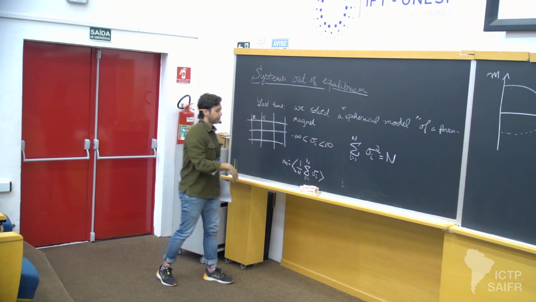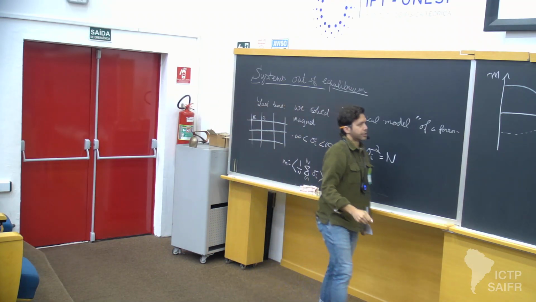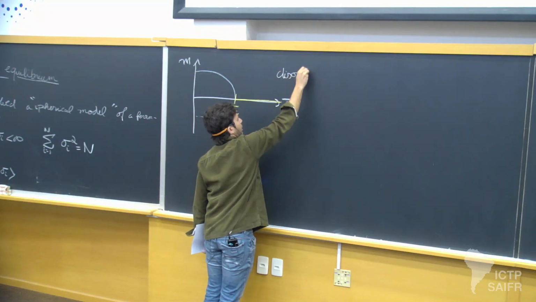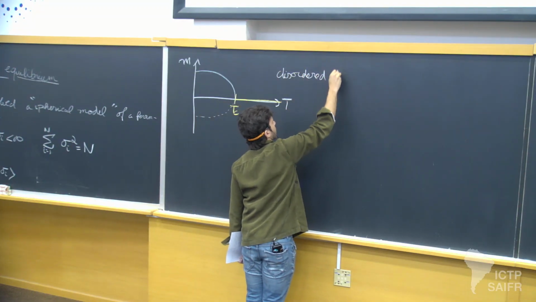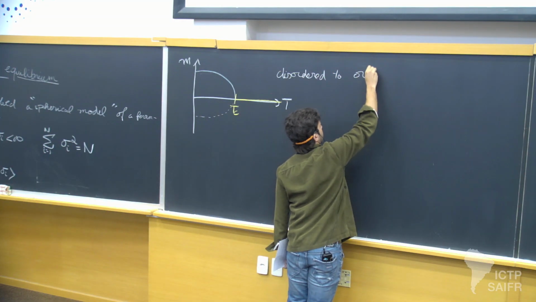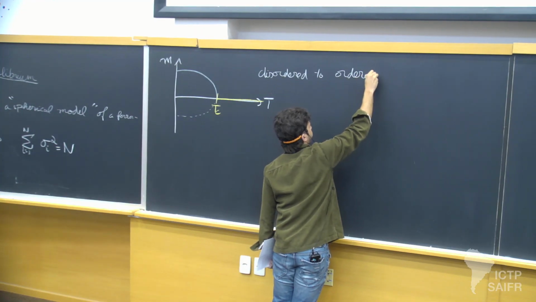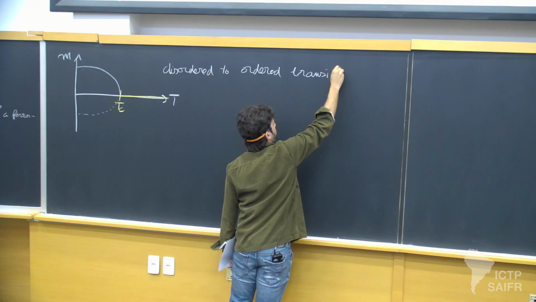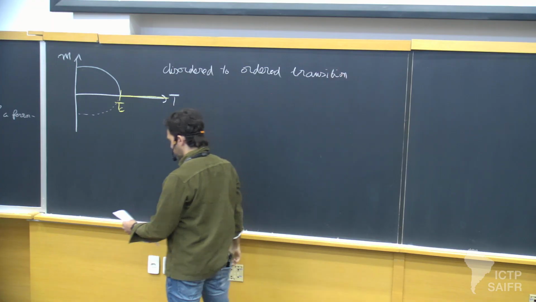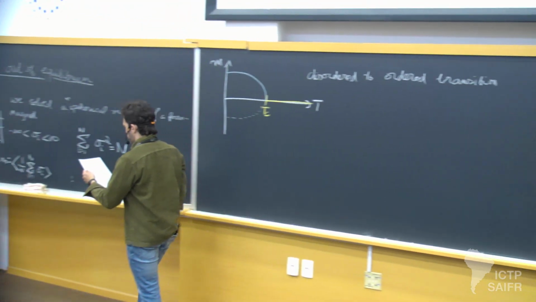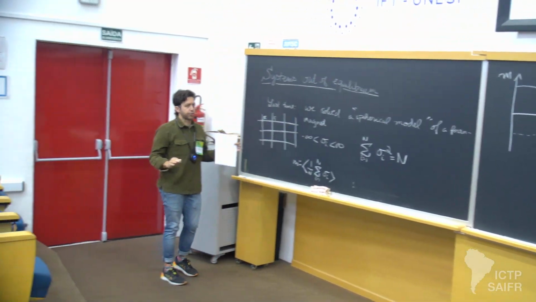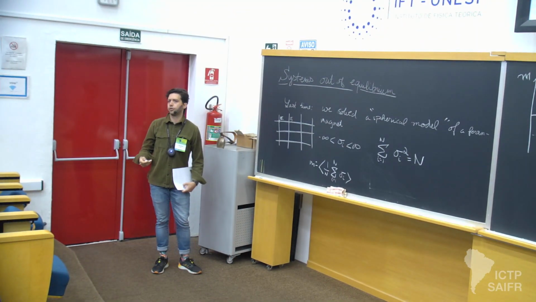So this is sometimes what we call a disordered to ordered transition. So that's the typical story that we tell ourselves in order to understand ferromagnets.